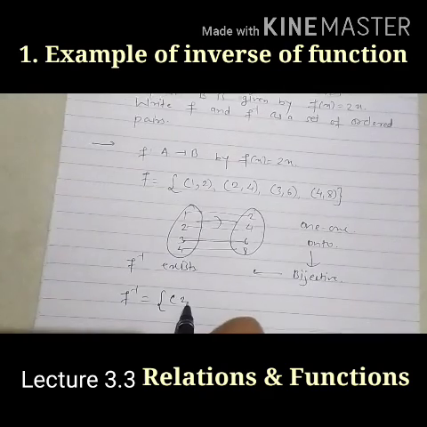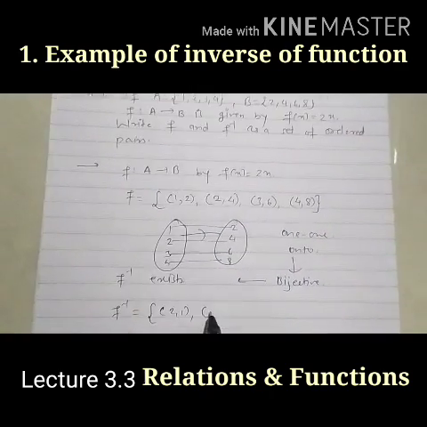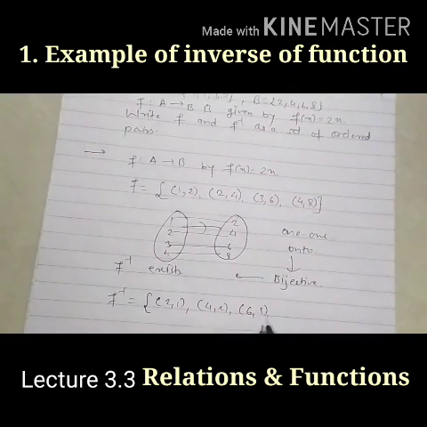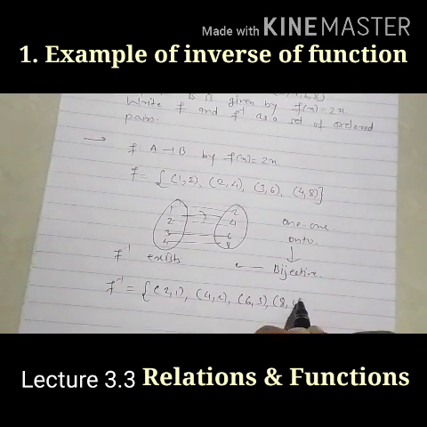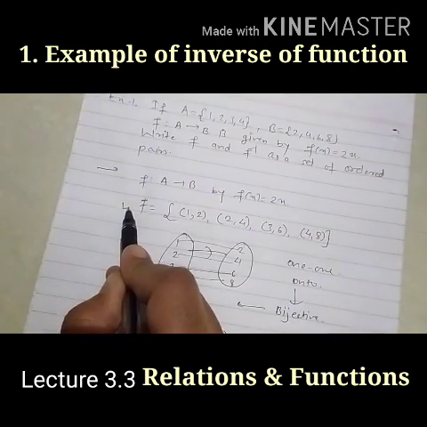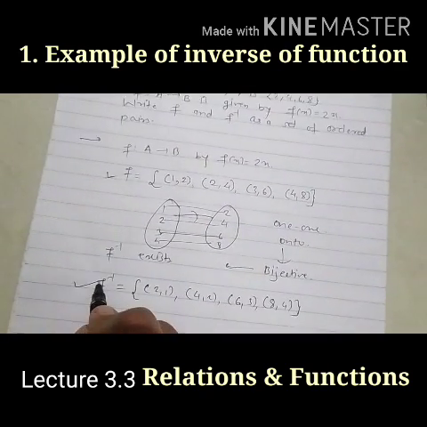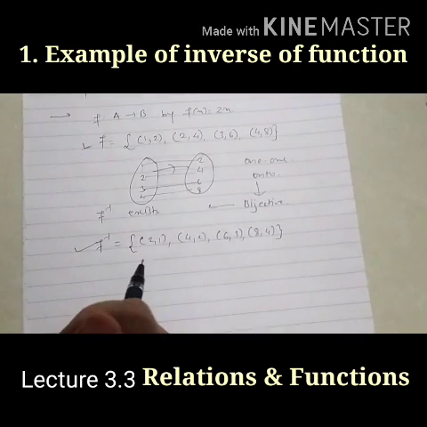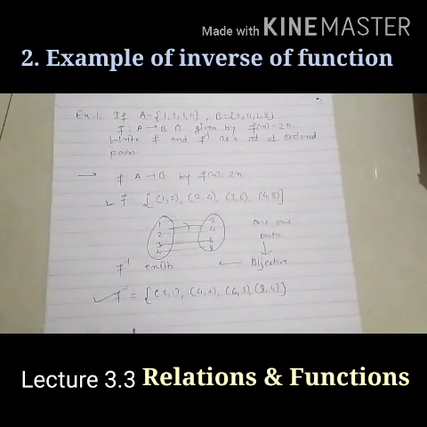So it will be 2, 1, 4, 2, 6, 3 and 8, 4. Understood? So your answer will be f equal to this and f inverse equal to this. Any doubt?